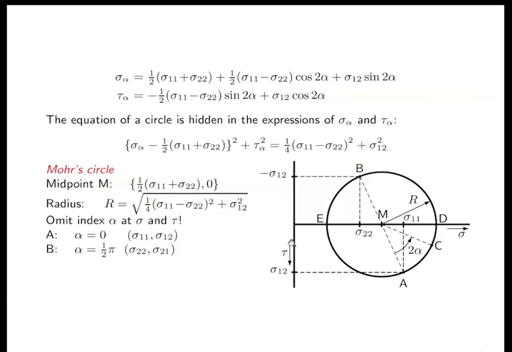If we would, and in some books they do, plot the shear stresses upwards, then the order of rotation, clockwise versus counterclockwise, would be exchanged. So we want to have this rotation direction.